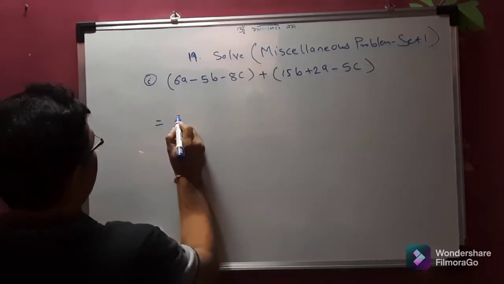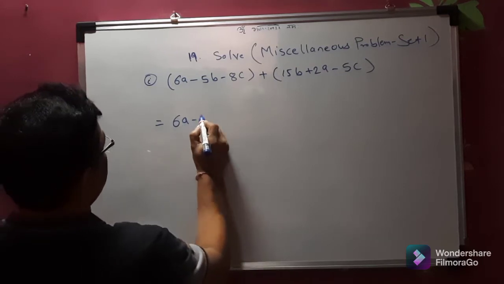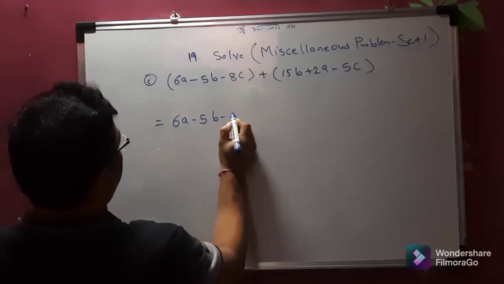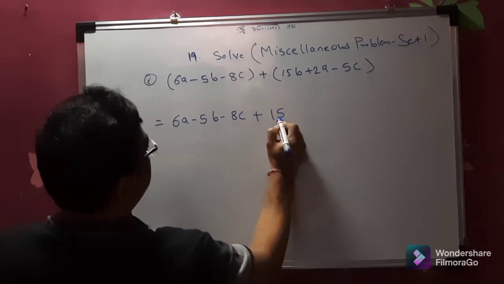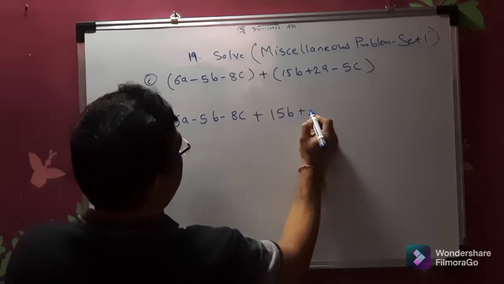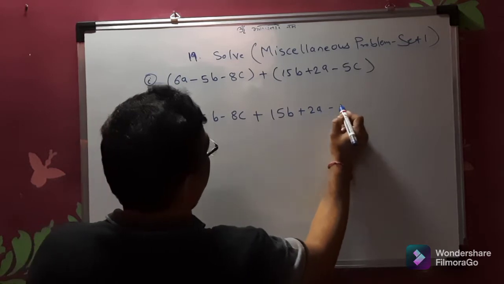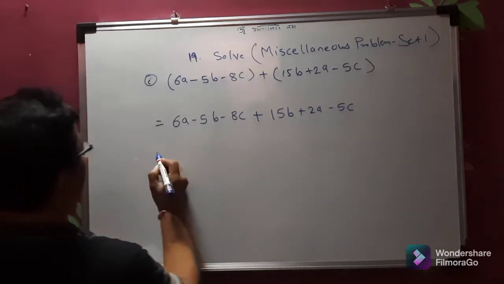So here we write 6a minus 5b minus 8c plus, we will open the bracket, 15b plus 2a minus 5c.